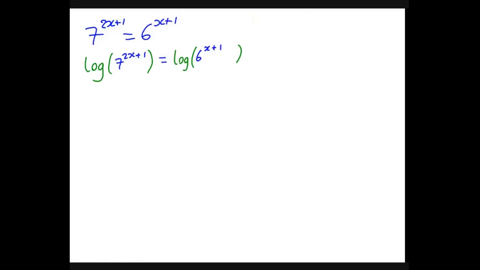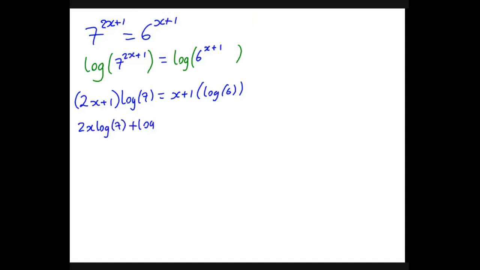Yep, so you said 2x plus 1 and then log 7 is equal to x plus 1 log 6. And then I expanded that to get 2x log 7 plus log 7 is equal to x log 6 plus log 6.